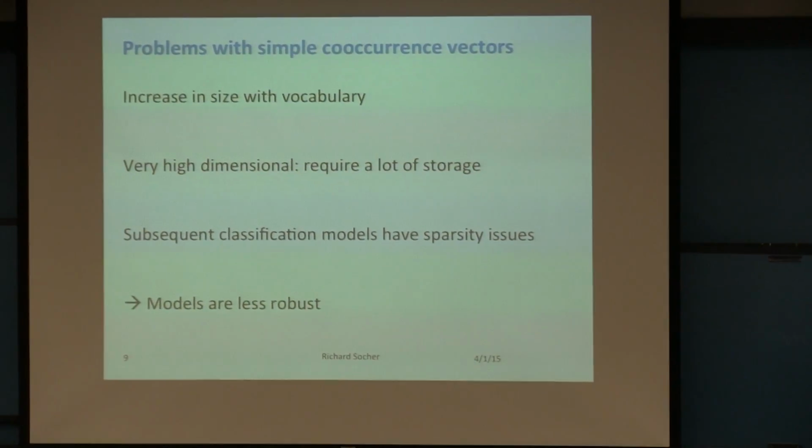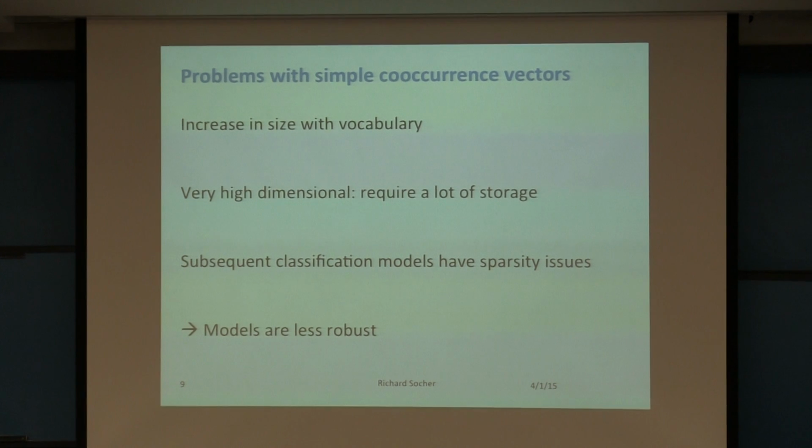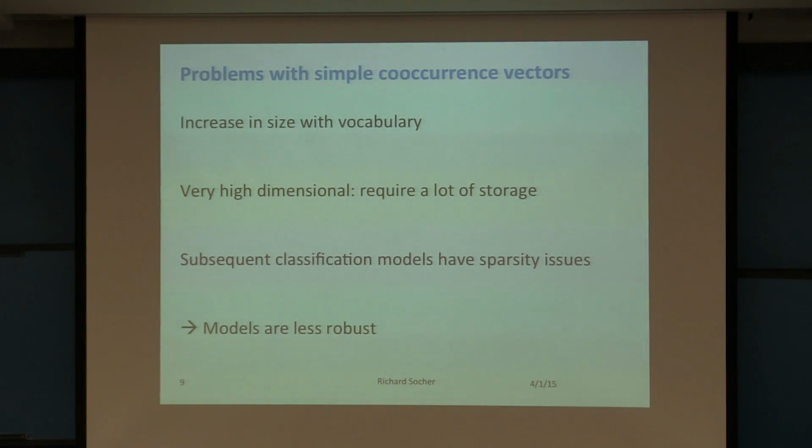However, that kind of vector representation increases with the size of our vocabulary. So if we have subsequent models that we train on top of it, they change all the time. So that's suboptimal. And also, when we have 13 million potential neighboring words, that representation gets gigantic and it's very hard to store and so on.